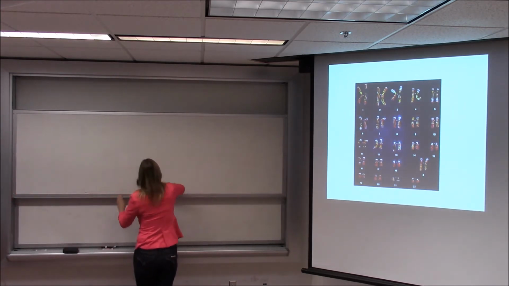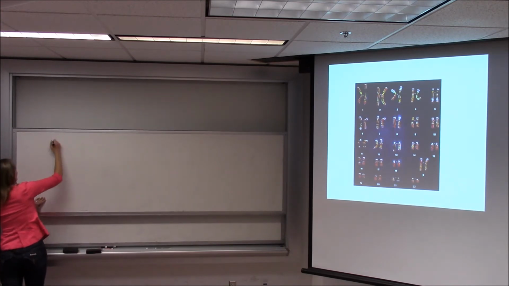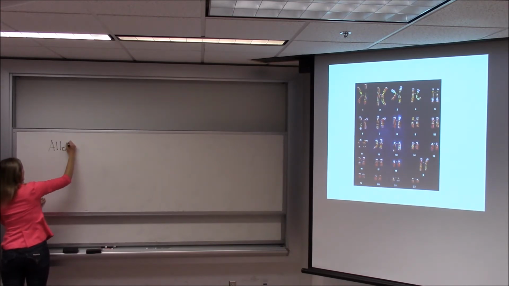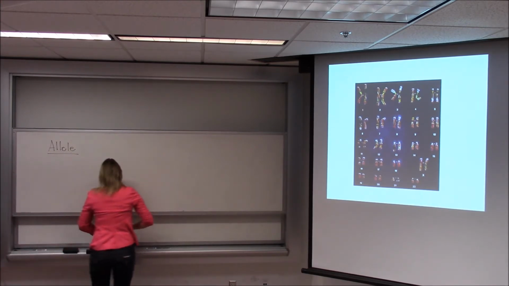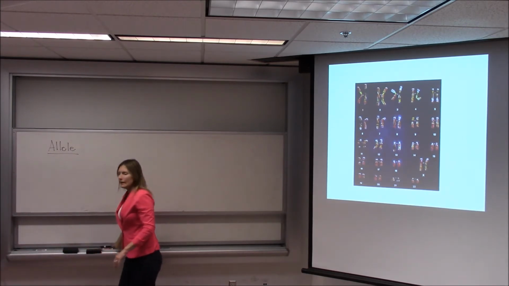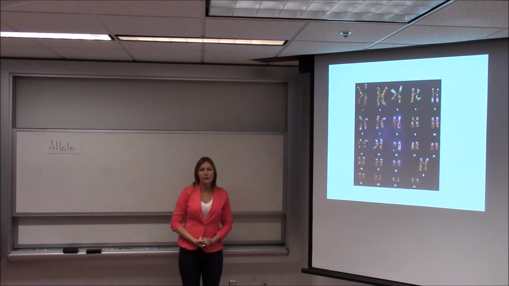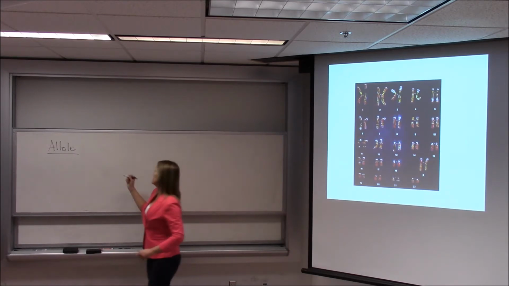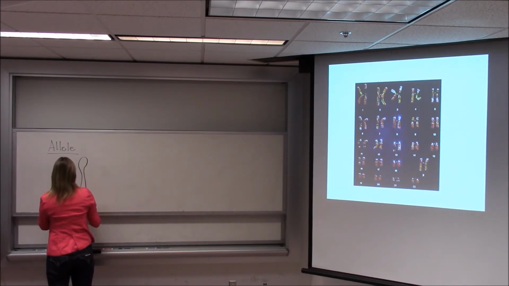One of the terms we need to understand is a very important term called allele. What is an allele in genetics, in heredity? An allele is another way of saying an alternate version of a gene. So let's pretend that this is a chromosome. Let's call it randomly chromosome 18.